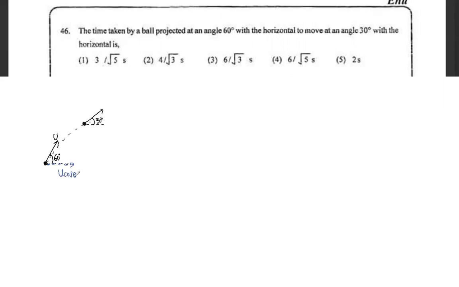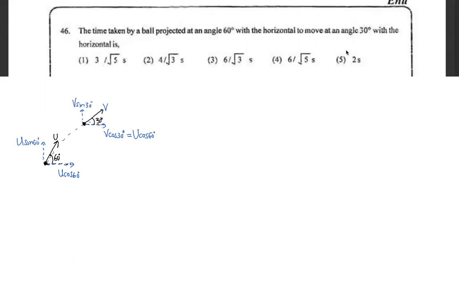And here, if I take this velocity as v, this will be v cos 30, and we know v cos 30 should be equal to u cos 60. And here we will have a vertical component. The vertical component is u sine 60, and here the vertical component is v sine 30.